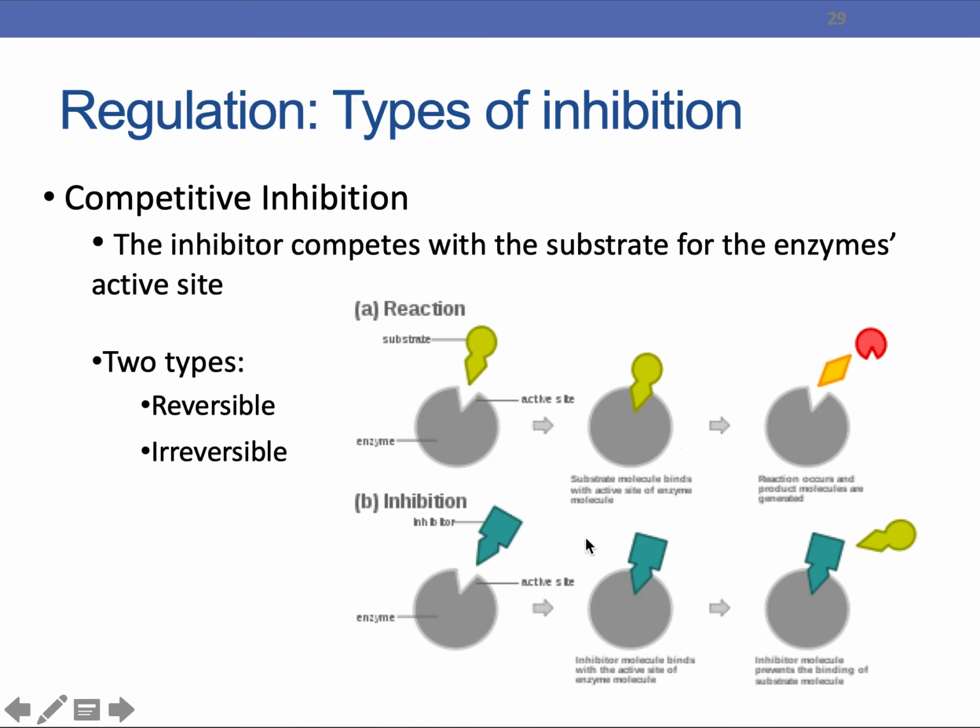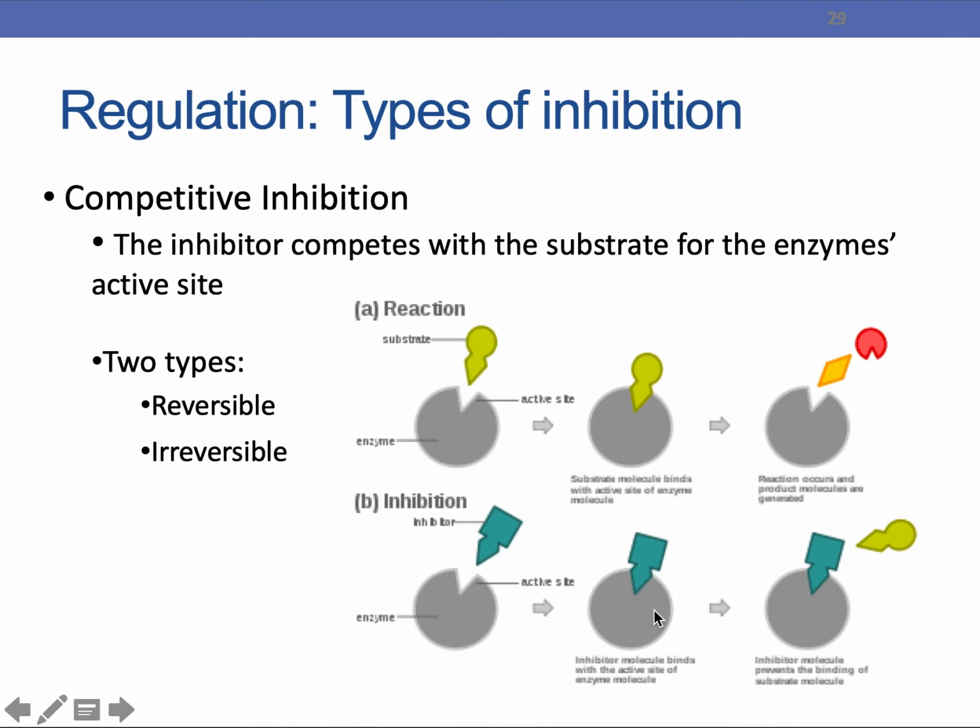However, if you have a competitor that is competing for the active site with the substrate, that's typically what will happen: you have an enzyme, you have an active site, and then you have an inhibitor. The inhibitor will then attach to the active site.